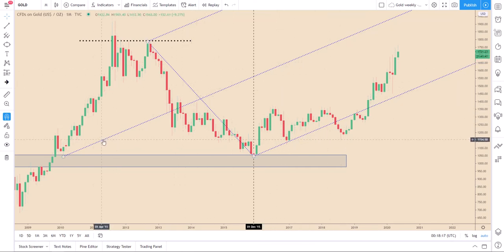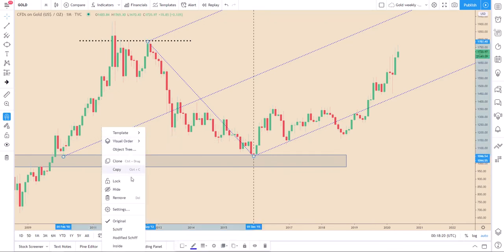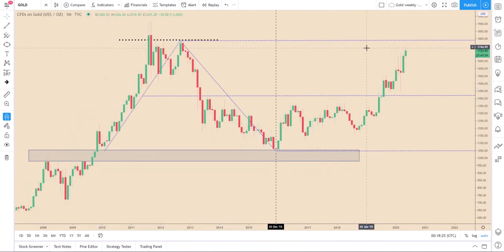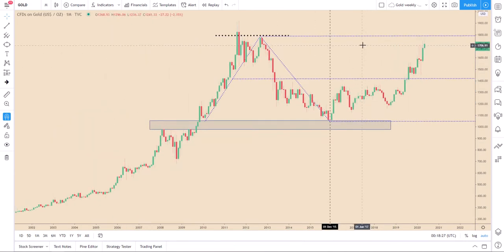Just for curiosity's sake, let's go look at the Modified-schiff version of this pitchfork. And so we can see here, the Mod-schiff pitchfork basically gives us horizontal price levels, and coincidentally, it just in this case happens to line up with what we had labeled as a double top.